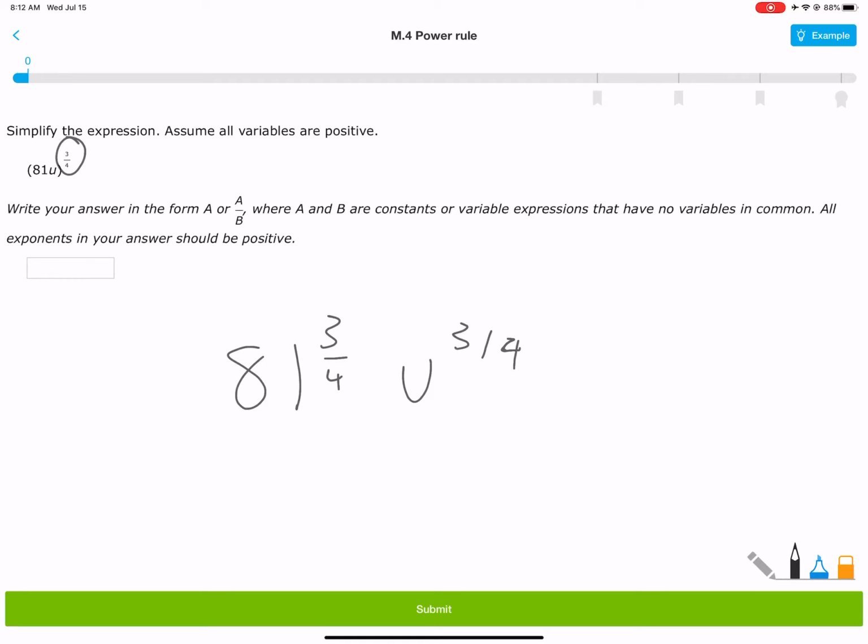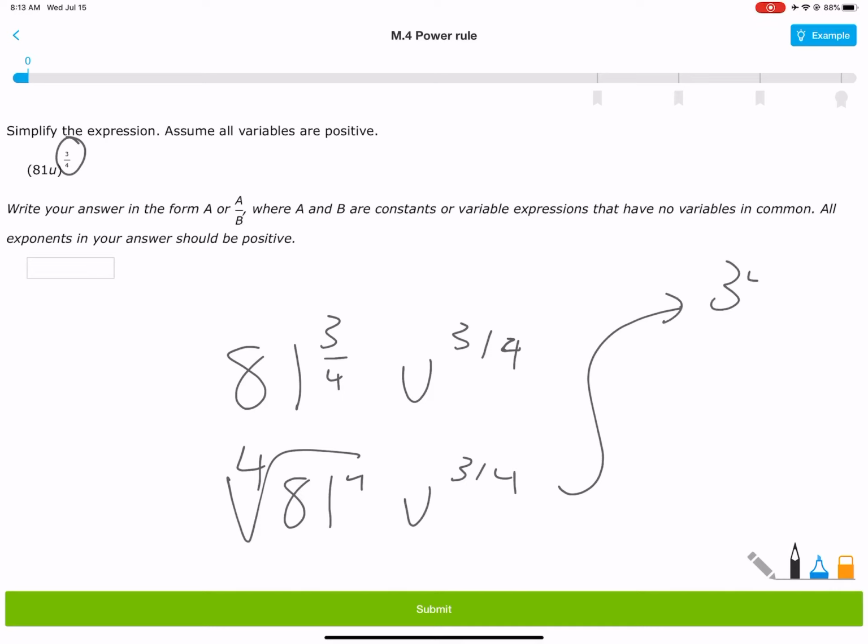81 to the 3/4 power, so the 4th root of 81, and then to the 3rd. So the 4th root of 81 is 3, so we're going to rewrite it as 3 to the 3rd times u to the 3/4.